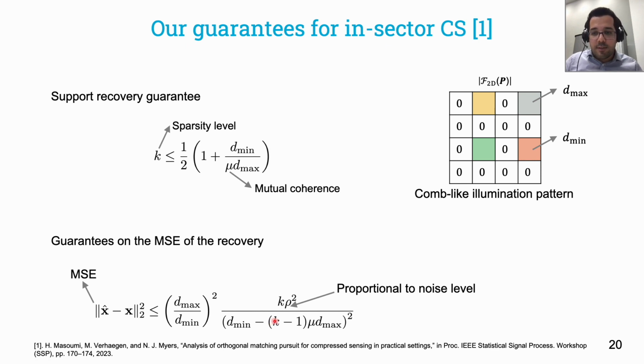These observations suggest that uniform illumination patterns within the sector could result in a better reconstruction than non-uniform illumination patterns. For more details on the proof, you can refer to our conference paper in reference 1.